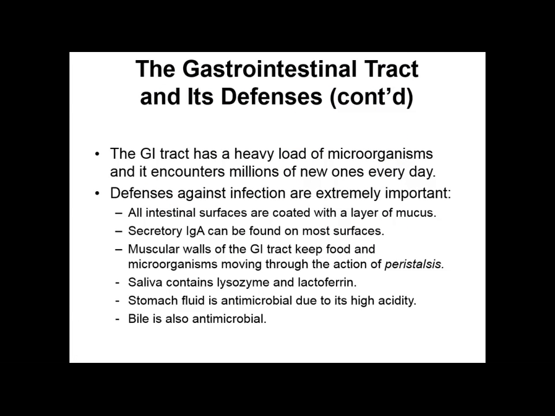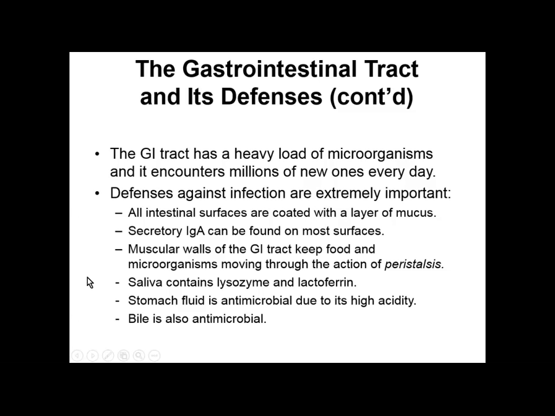Our digestive tract, since it has such a high bacterial load, is going to have a lot of normal defenses built into it. These normal defenses help us keep the bacteria within our digestive tract where they actually do some fairly good things for us, as opposed to letting that bacteria out where it can cause a lot of problems. We have a layer of mucus throughout our entire GI tract.